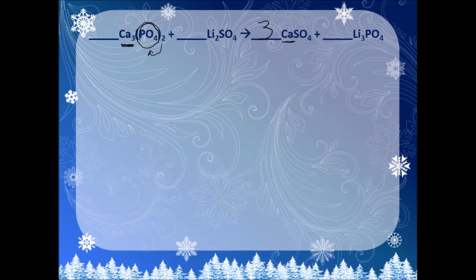How many PO4s? Try again. How many PO4s? 2. How many PO4s on this side? What times 1 will give you 2? How many LIs? There are 2 of those 3s for a total of.